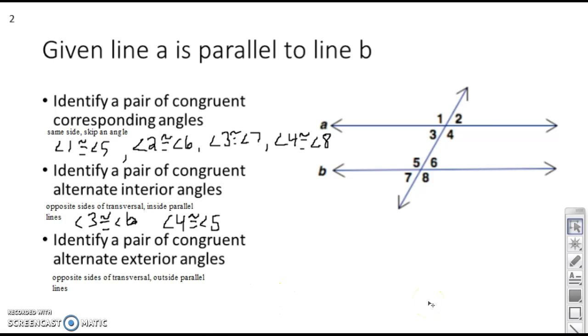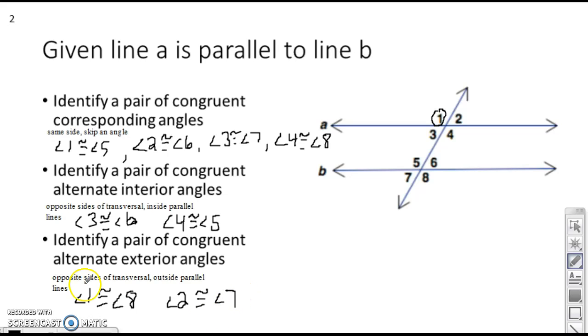Okay, so if we check outside of our parallel lines, the angles that are outside are angles 1, 2, 7, and 8. So if I start with angle 1, the one that's on the opposite on the outside would be angle 8. So those would be alternate exterior angles. And then angle 2 and angle 7.